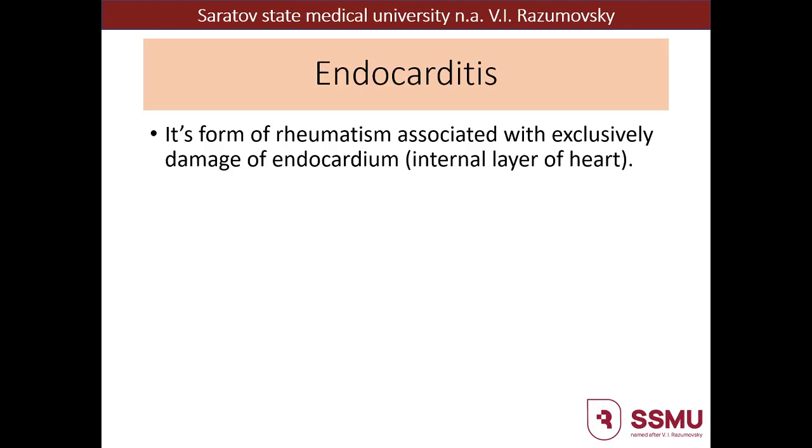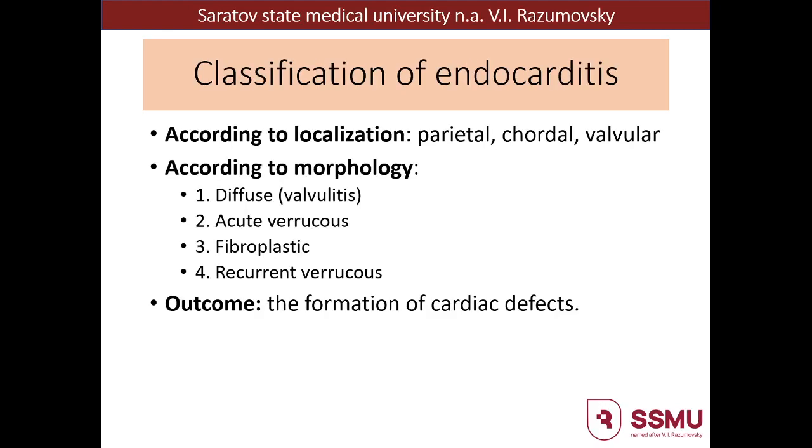Endocarditis is a manifestation of rheumatism with exclusive damage of the endocardium, the internal layer of the heart. I hope you remember normal anatomy from our previous class. We have already discussed it. It is associated with damage of endocardium and epithelial cells.